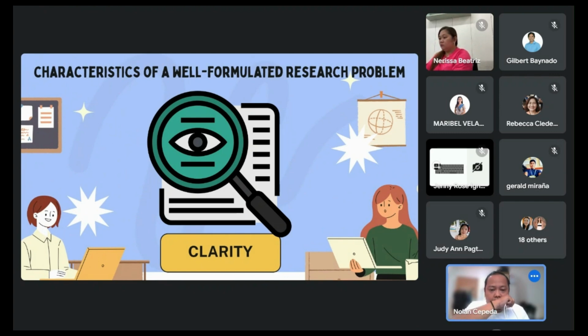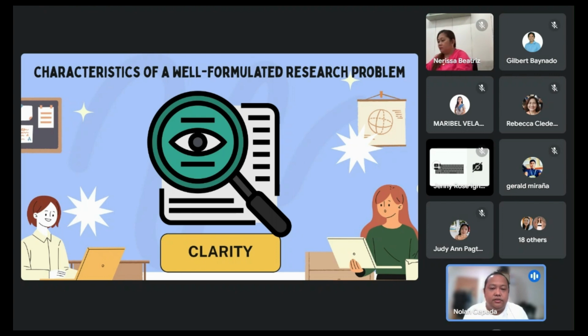It only means that all our objectives are well defined, and the reader of our research will easily identify what is being tackled in the problem, as well as the solution that we are going to provide, as well as the data. It should be very easy to understand in terms of presentation of data, since it should be clear nga po, ano.